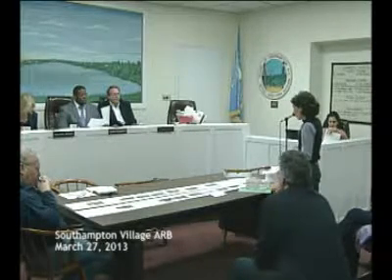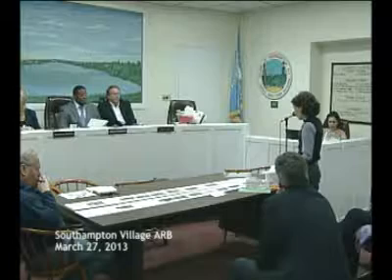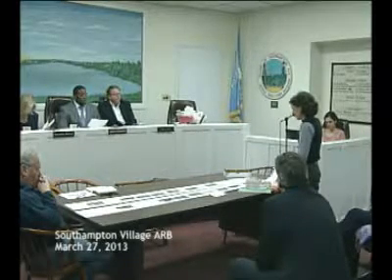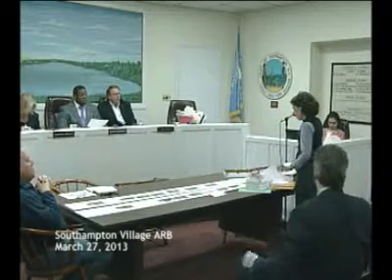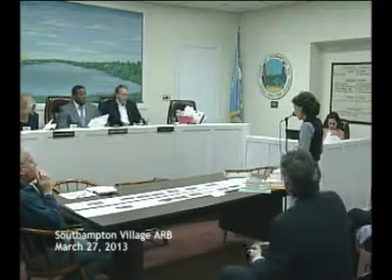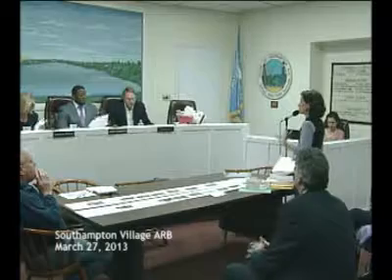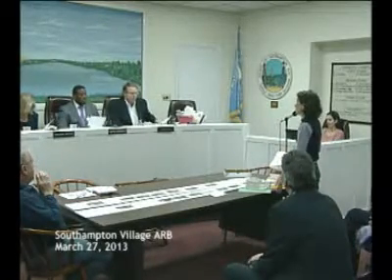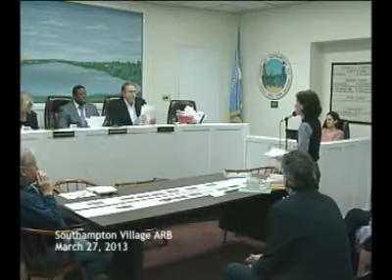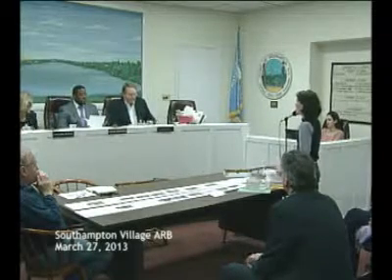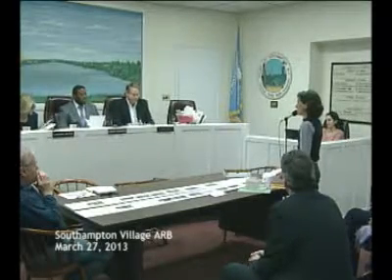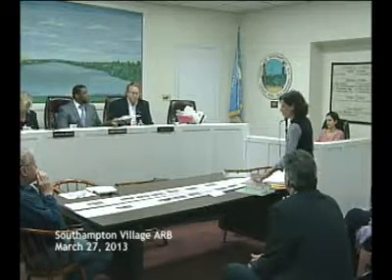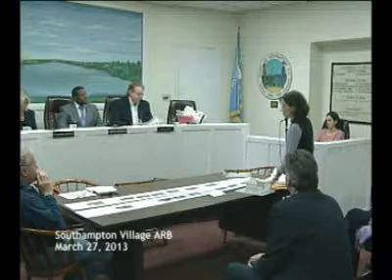What I want to point out is that the existing 2-story houses have more volume closer to the street than what we're proposing. I think that's important to know, because the big concern has been the volume of this proposed house.